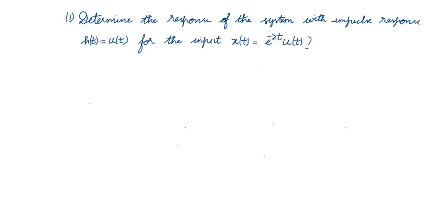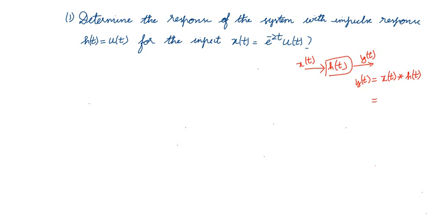If you take a system whose impulse response is h of t, input is x of t, and output is y of t, everything I have mentioned is in the time domain. So what is y of t? y of t is equal to x of t, the input, convolved with the impulse response h of t.